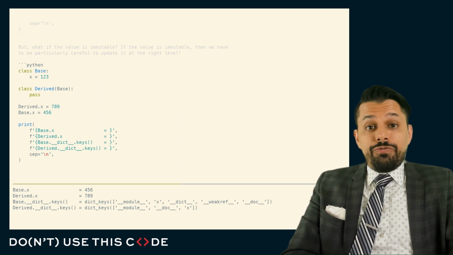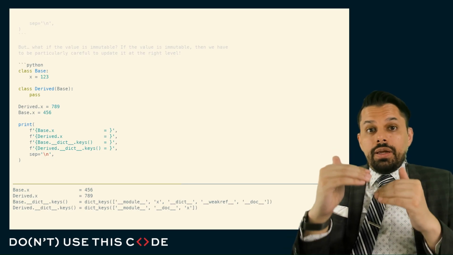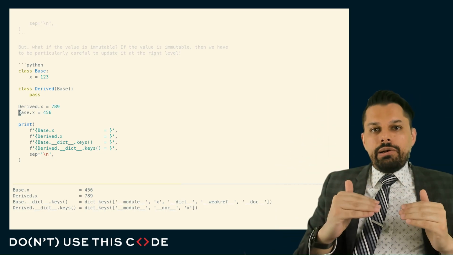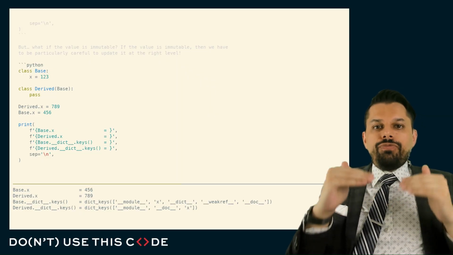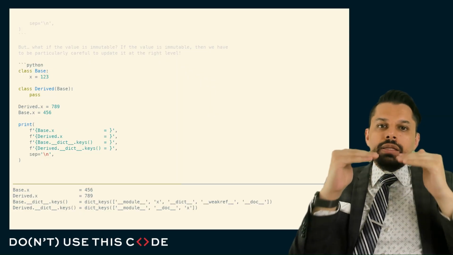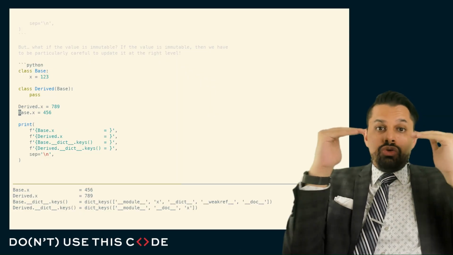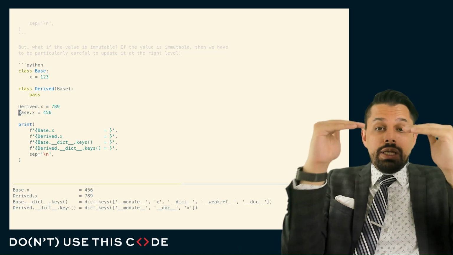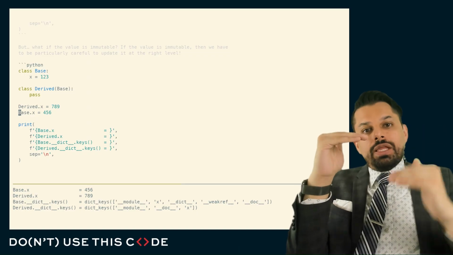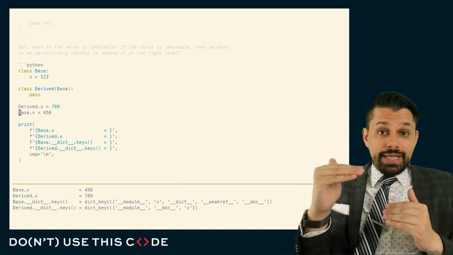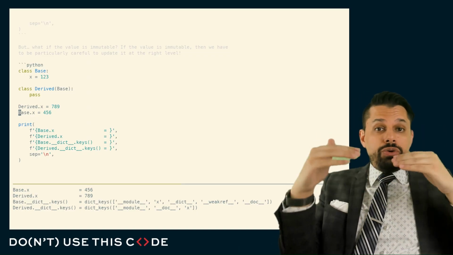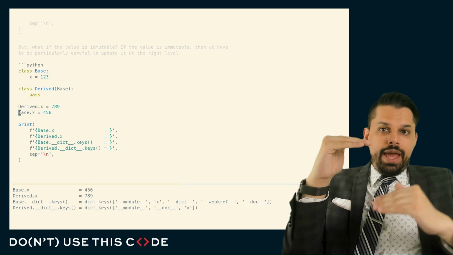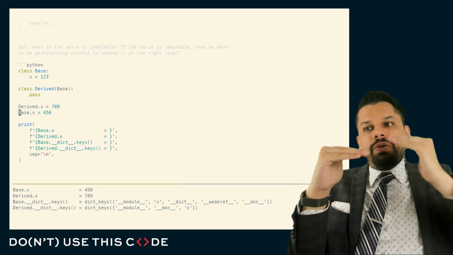This means that if we happen to have some immutable data that is shared in some inheritance hierarchy, we need to be very careful to update it in the place that we want it to be updated. That is to say, we need to update it at the level such that everything at that level and below reflects that change. And we also have to be careful that we don't have some shadowed writes that are blocking any changes that might be visible otherwise.